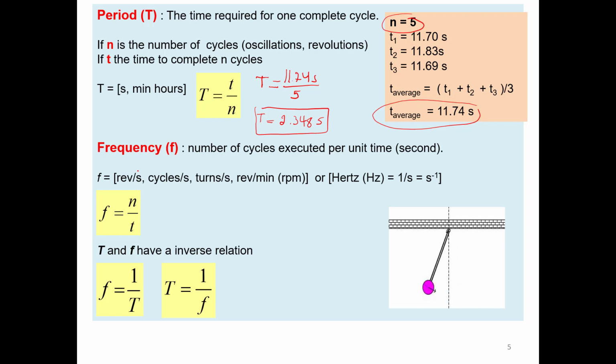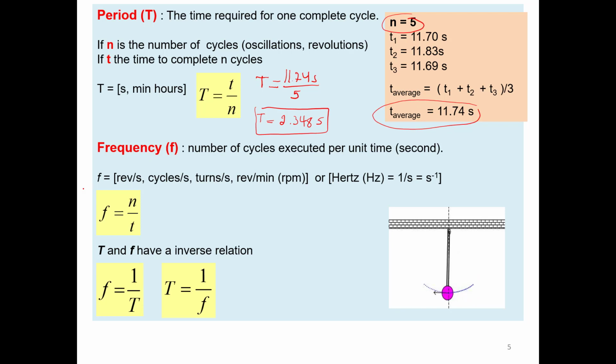Another important variable we need to know is the frequency. The frequency is how many cycles the system, in this case the pendulum, can execute per unit time. The unit time can be seconds, minutes, or hours.